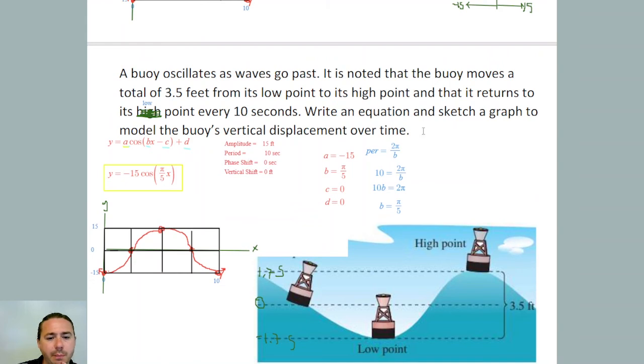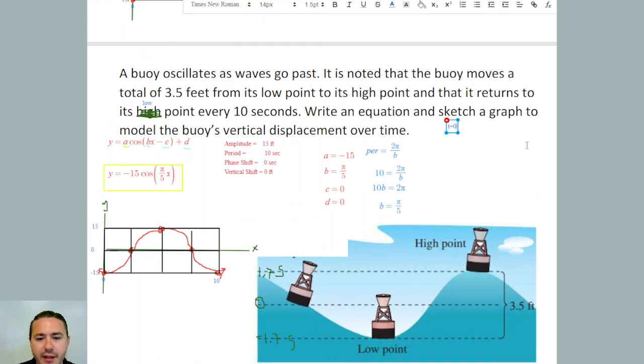So I'm going to put a little addition here. We're going to say t equals 0 represents the time when the buoy is at equilibrium and is about to move down.